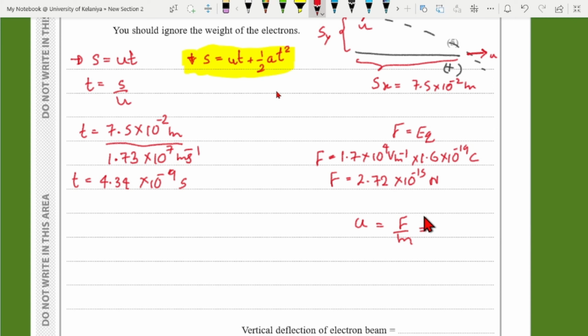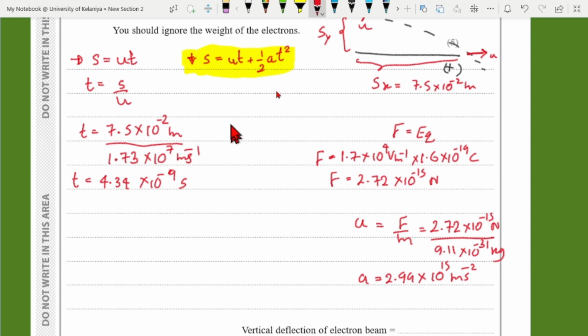This is the resultant force acting on the electron, 2.72 times 10 to the power minus 15 newtons over the mass, 9.11 times 10 to the power minus 31 kilograms. If you calculate this one, you will get 2.99 times 10 to the power 15 meters per square second as your acceleration.